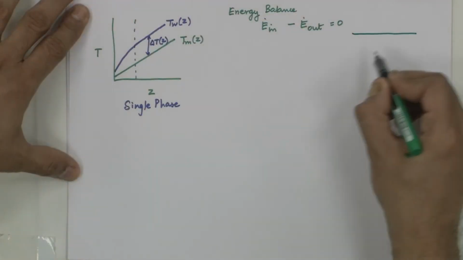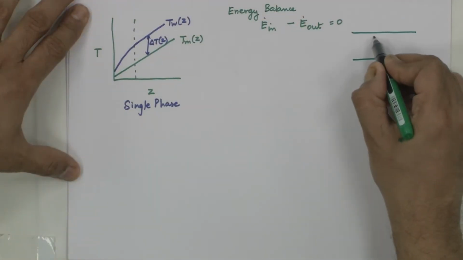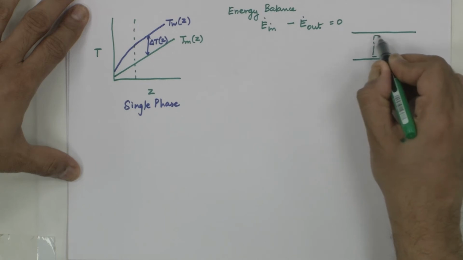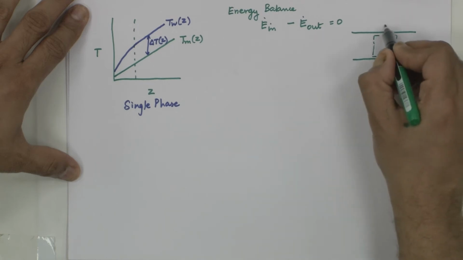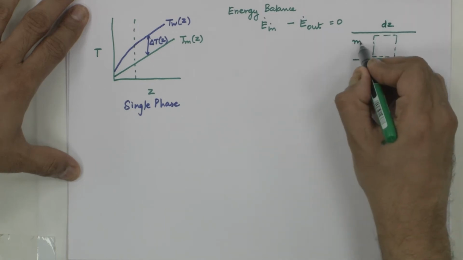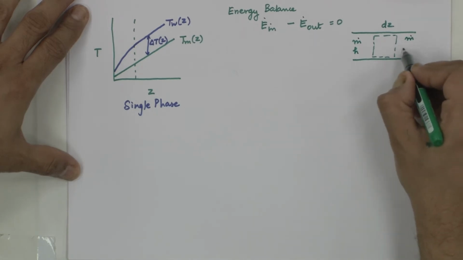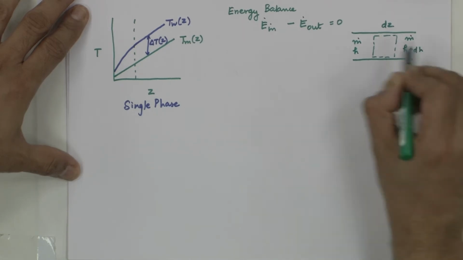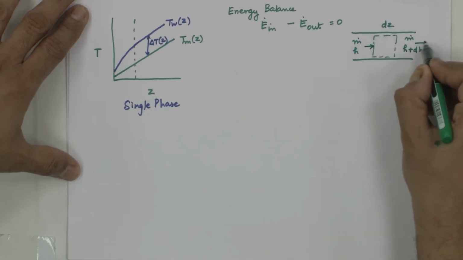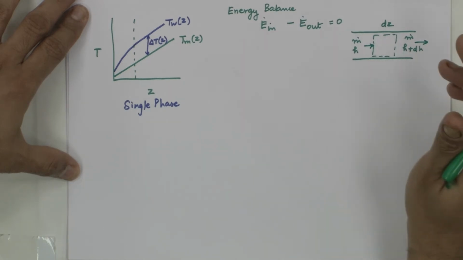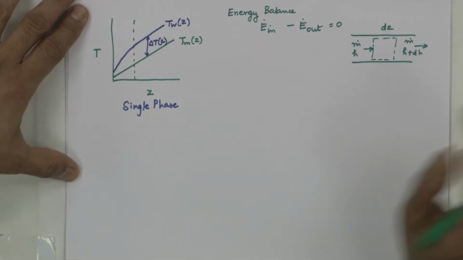So, if I take this control volume, the same rectangle of thickness dZ, m dot comes in with enthalpy H, and here the fluid goes out with m dot (H plus dH), as opposed to Tm and Tm plus dTm.